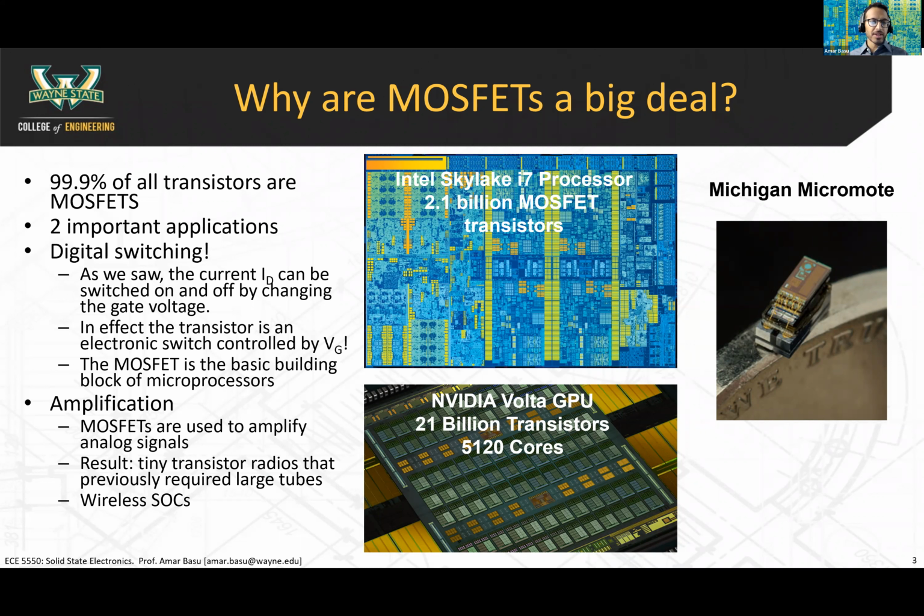The same technology that was used for digital switching, for computation and microprocessors, could also be used to do analog amplification. That was huge because now, in one manufacturing process, you could make the wireless components for amplification, and you could make the computational part of it.